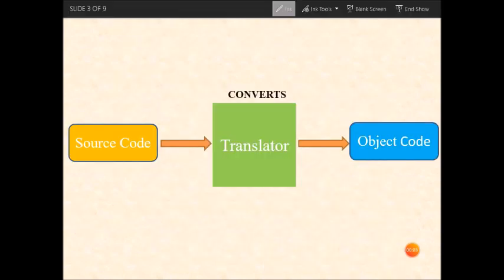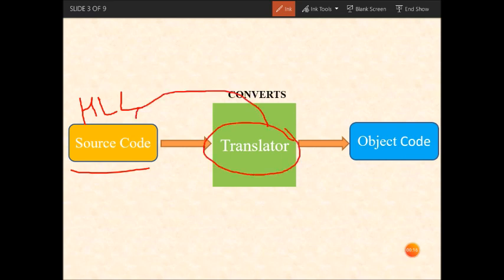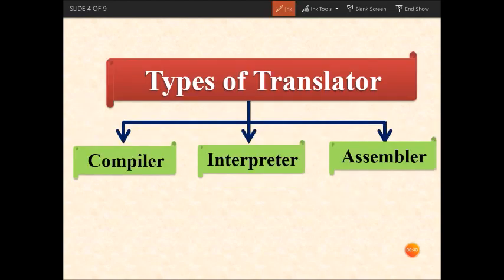Now see, a source code which is in the form of high level language is converted by the translator into the object code or machine code. We have three types of translator: compiler, interpreter and assembler.